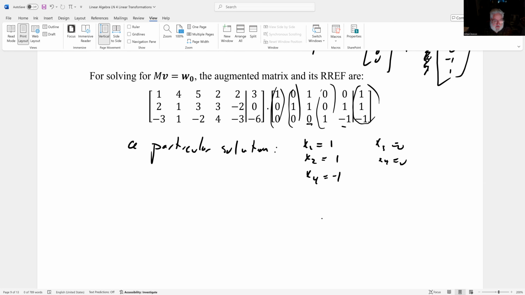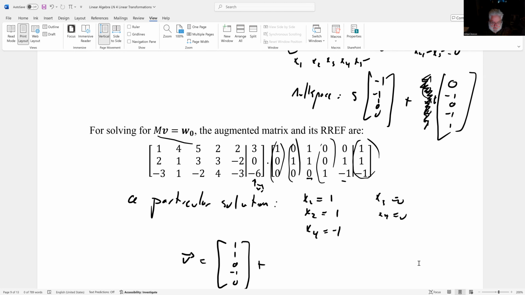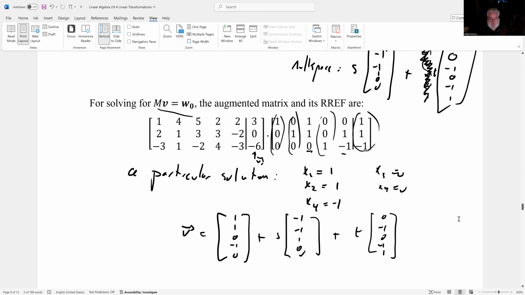And that gives us that the solutions to MV equals W0, where this here is W0, are going to be of the form 1, 1, 0, minus 1, 0, plus, that's our particular solution, S times minus 1, minus 1, 1, 0, 0, plus T times 0, minus 1, 0, minus 1, 1. And so that gives us all our solutions.